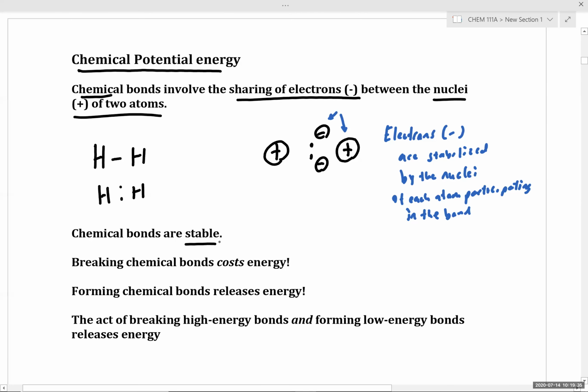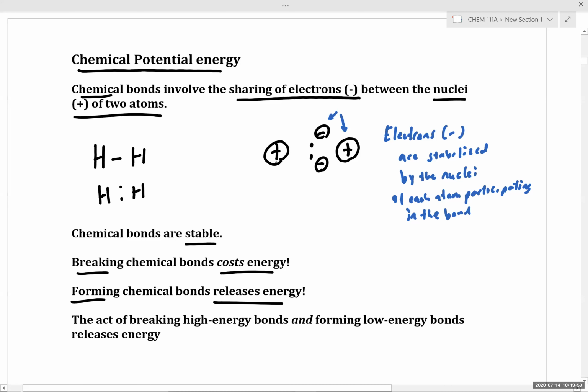If we want to break this very stabilizing interaction between the electron and the nucleus, it's going to cost us some energy. So breaking chemical bonds costs energy, and forming chemical bonds releases energy. Okay? And that makes some logical sense.